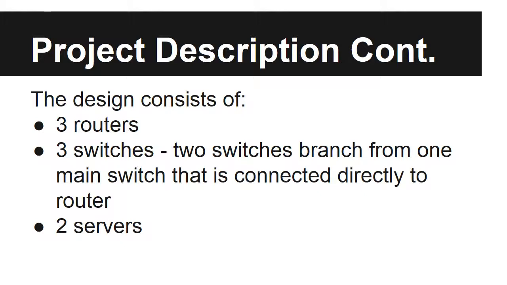There are also 3 switches in this design. 2 switches will stem from one main switch that is connected directly to the router, and then finally we have 2 servers which are used to hold all of the data that is created from all of the departments in the network. Moving on, Carlos will explain the diagram.